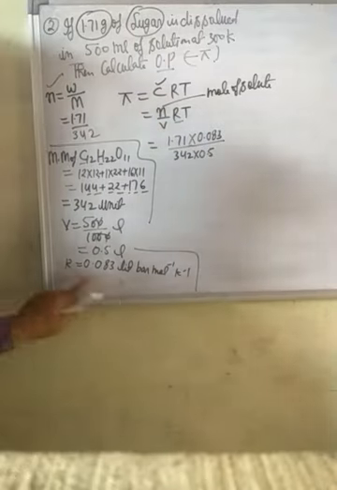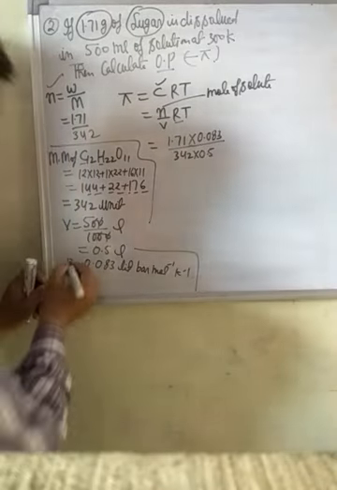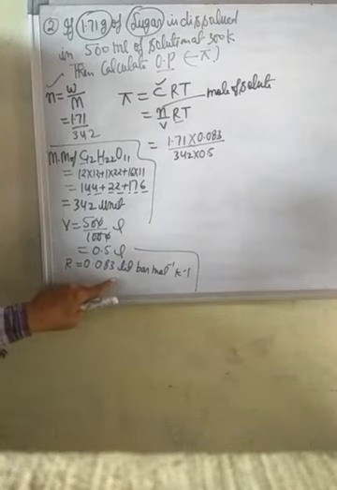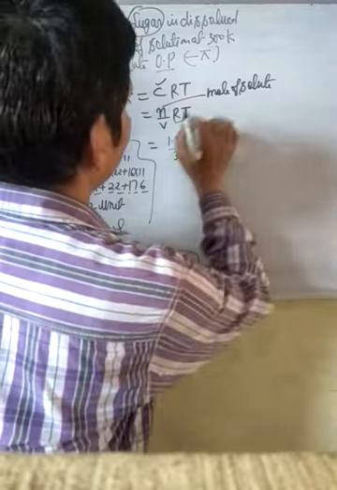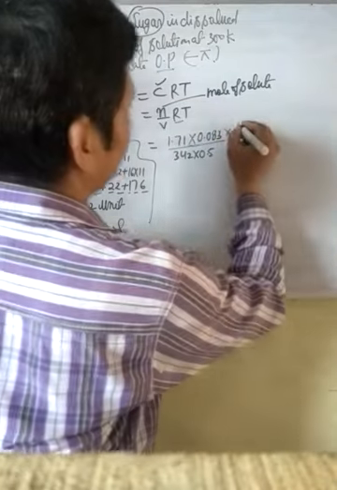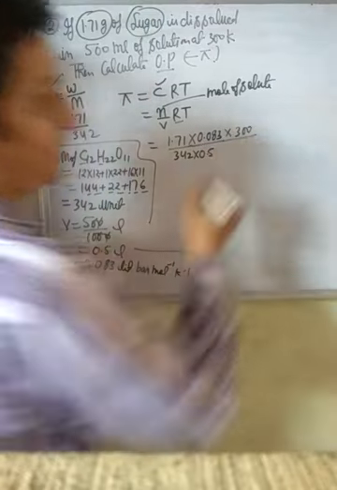You have to learn this value of R. This is gas constant. Another value of R is 0.082 liter atmosphere mole inverse Kelvin inverse. After this, temperature is given as 300 Kelvin.